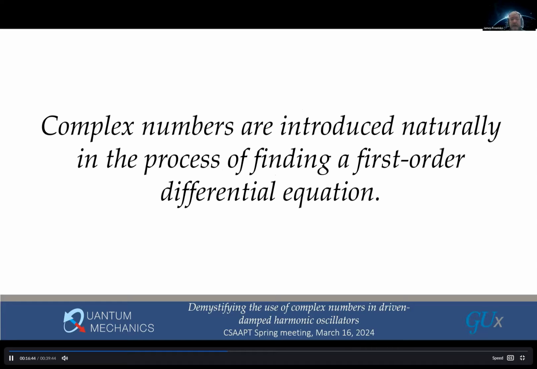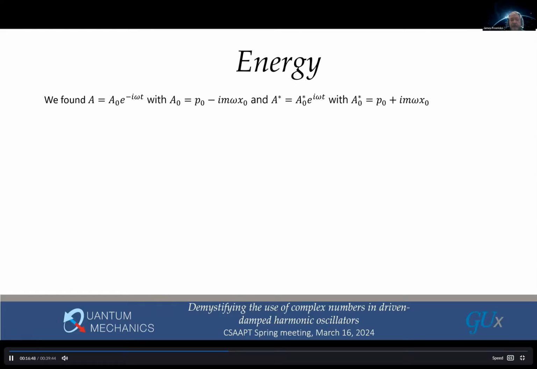All right, so the complex numbers are introduced naturally in the process of finding a first order differential equation, and there are a lot of interesting things from this. We found A is A0 e to the minus i omega t, where A0 is P0 minus i m omega x0. And A star is A0 star e to the i omega t, where A0 star is P0 plus i m omega x0.